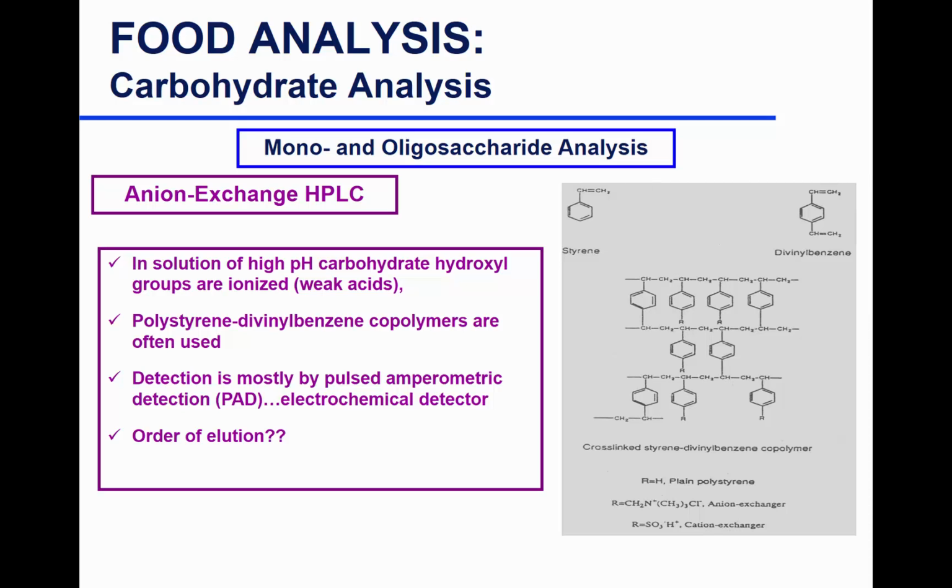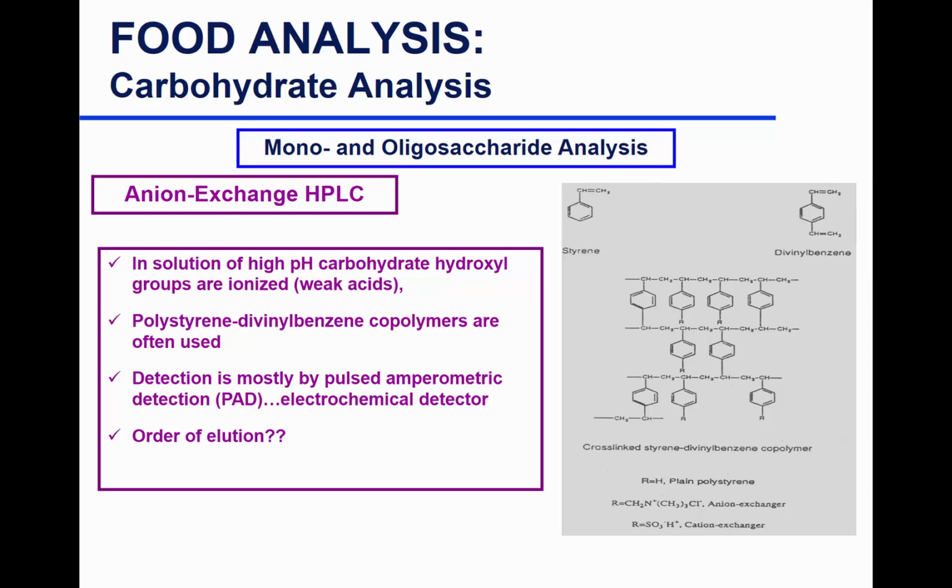Think of how many OH groups would be available on a mono versus a di versus an oligo. Oligosaccharides, you have more OH groups, so they will carry more charge, so they will have higher charge valence at higher pH.